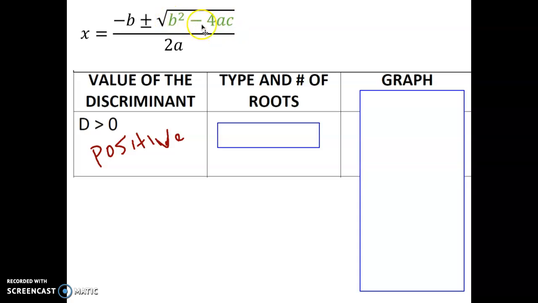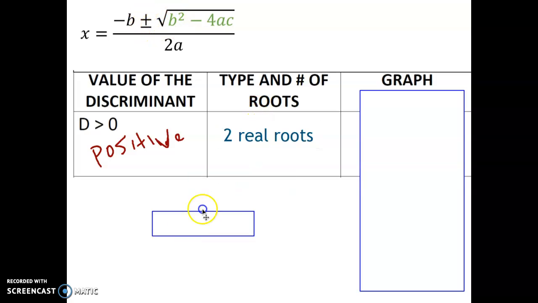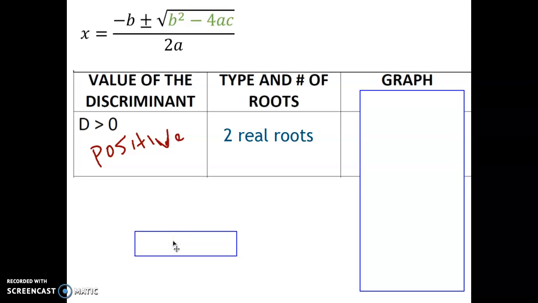If this number that's inside the square root is positive, what kind of answers am I going to get? Well, I'm going to get real numbers, because the square root of a positive gives me a real number. And you'll notice I have plus that real number and also minus that real number, which is going to give me two real roots. And they're going to be different from one another.